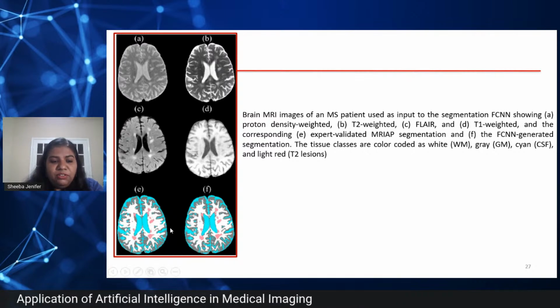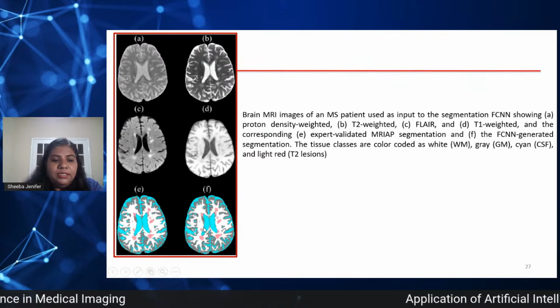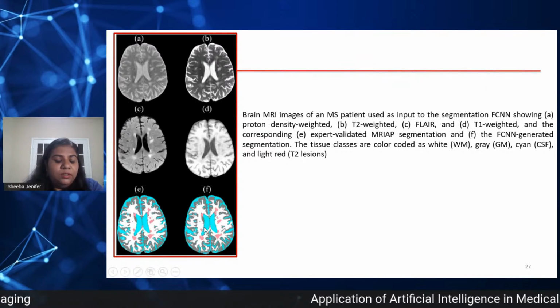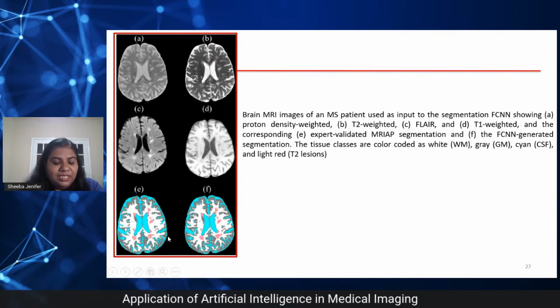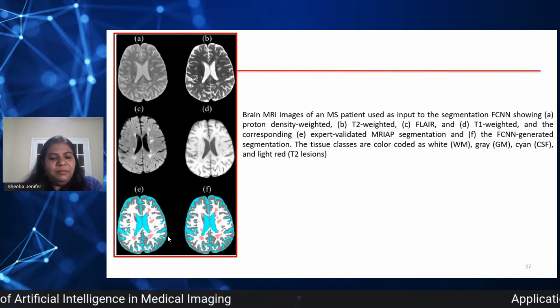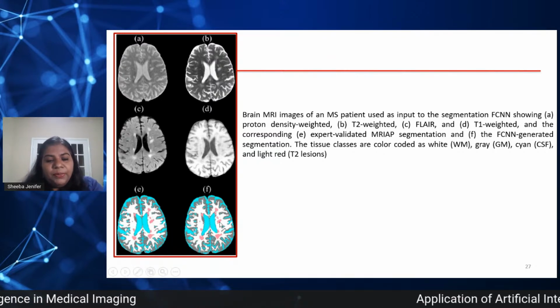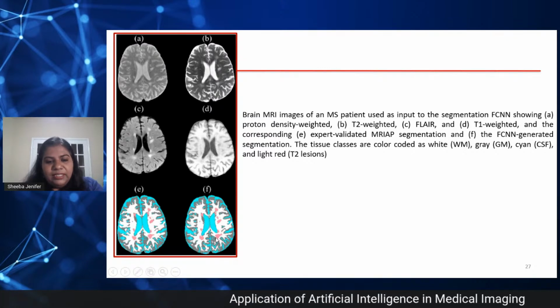That's the power of networks. Suppose I want to segment 1,000 or 2,000 scans, how long would I sit and do it? It may take a few years to finish segmenting these images manually. But using these techniques, I can identify clearly where these lesions are.